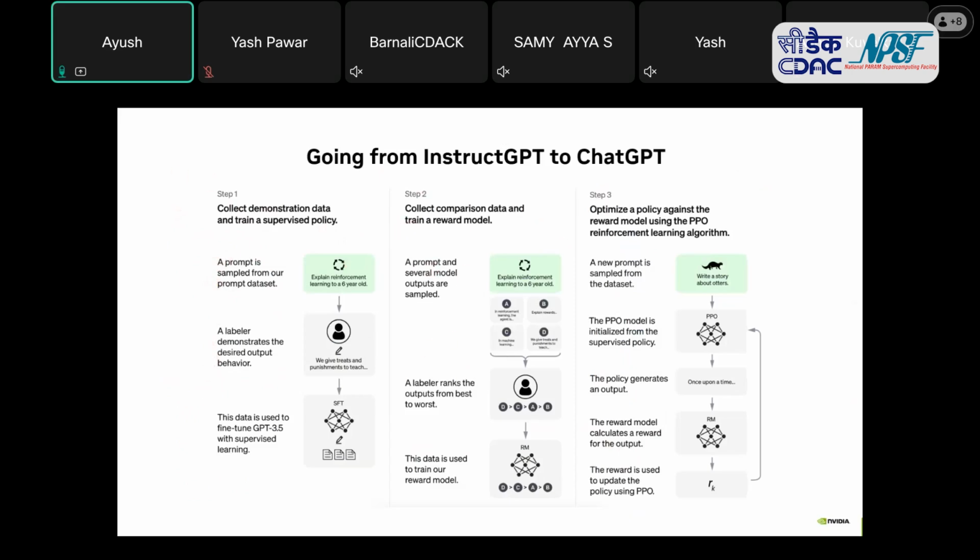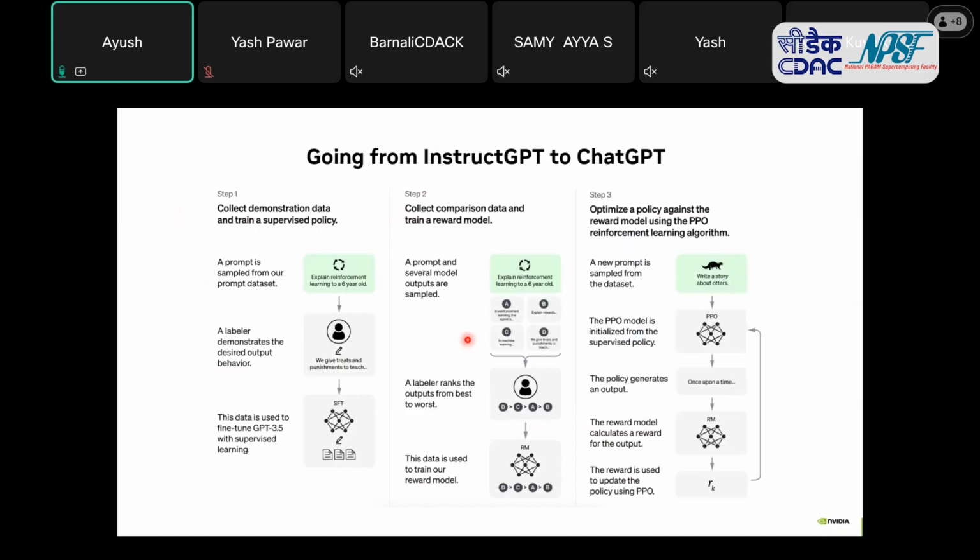Now, once your supervised fine-tuning is done, step two is to collect the comparison data. Given a prompt, several model outputs are sampled. For example, for the question, explain RL to a 6-year-old, there are multiple answers produced by the SFT model. These answers are produced with different temperatures or different sampling strategies, like greedy decoding or beam search.